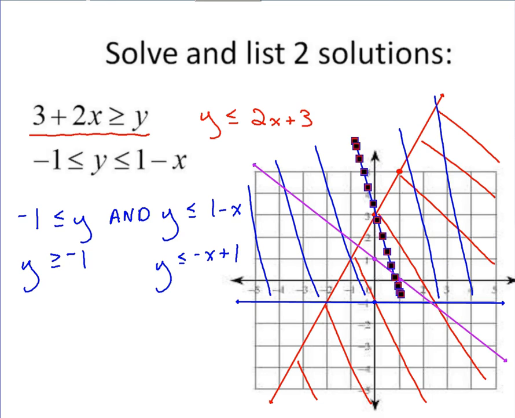Not sure why I just did that. But if I draw that line in, we're talking about this being less than or equal to -x plus 1. So less than or equal to would be, with this being my purple line here, everything below, right? That would be the low side of the y-axis with respect to that line.